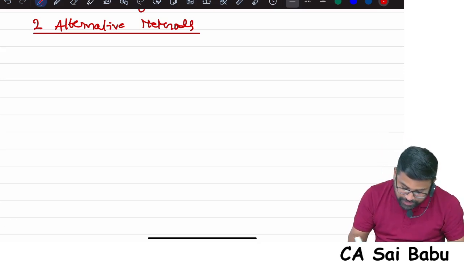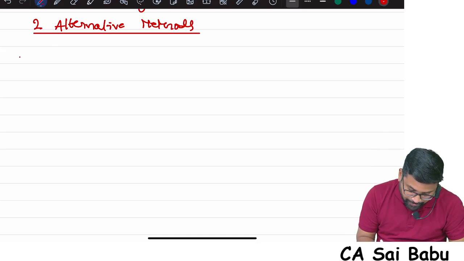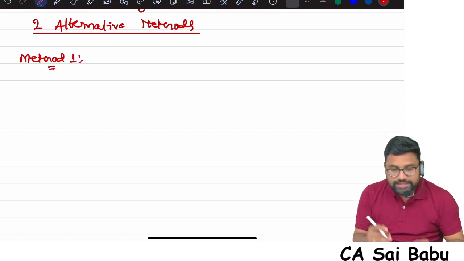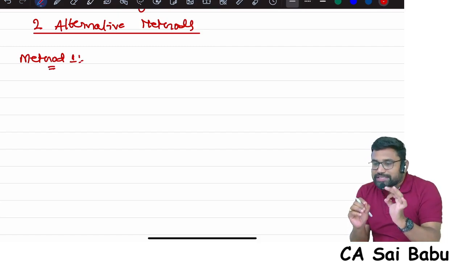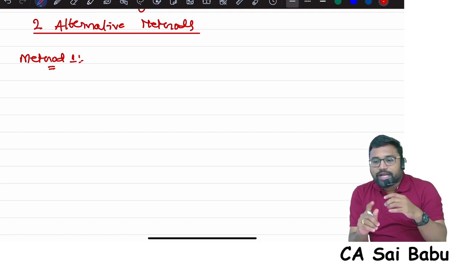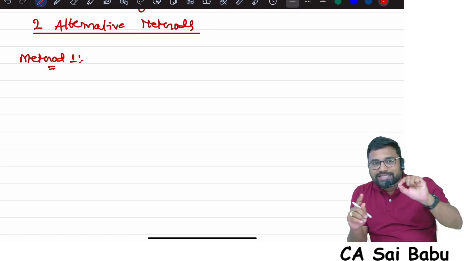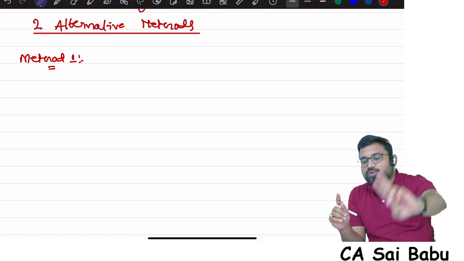First, method number one. In method number one, the provision for doubtful debts account is opened and all bad debts are adjusted against the provision for doubtful debts account.